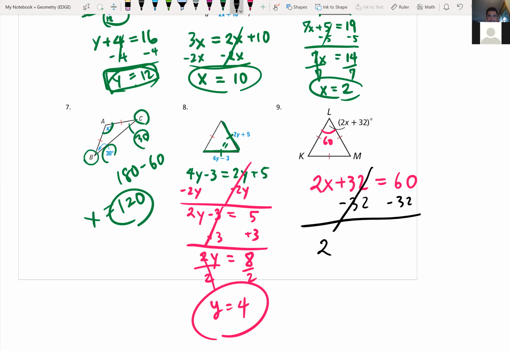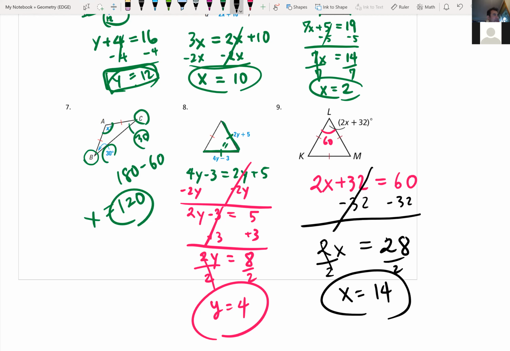So you've got 2x equals, what do we get? 28. Then divide by 2. Divide by 2. So x equals 14. Very good.